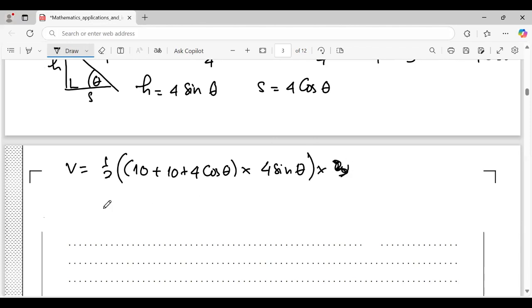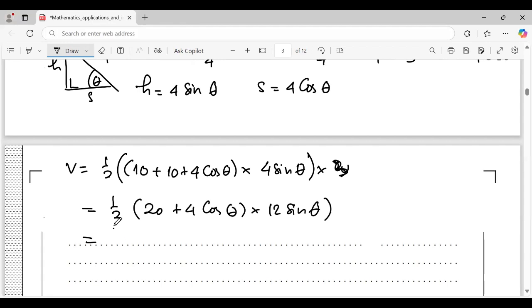So 1 half, 20 plus 4 cosine theta, multiply 3 times 4, 12 sine theta.